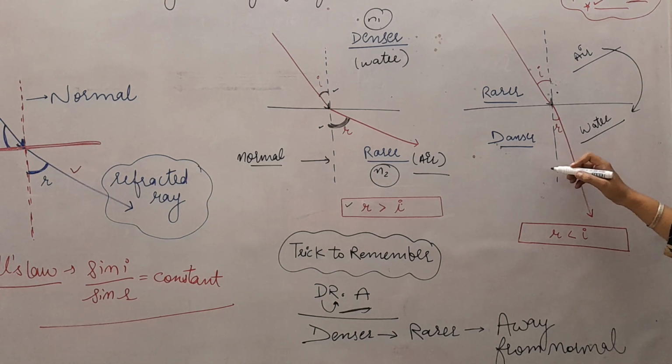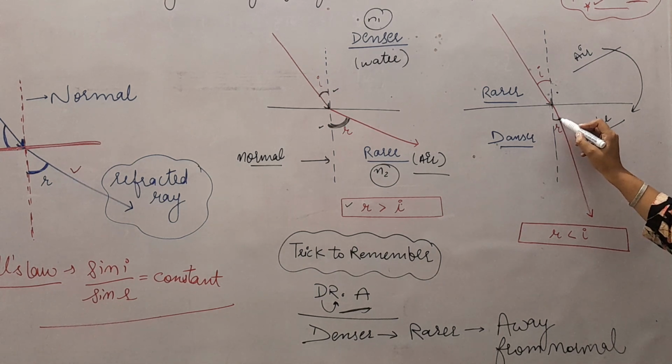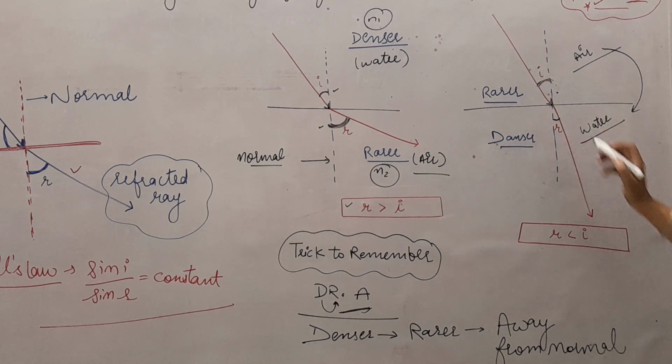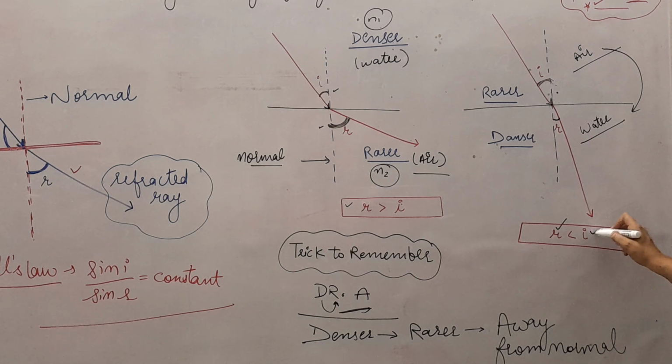If it bends towards the normal, then the angle r value is smaller in comparison to angle i. It means angle r is smaller and angle i has a greater value. I hope this is clear to you all.